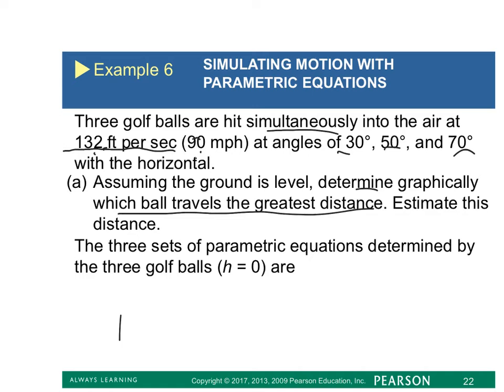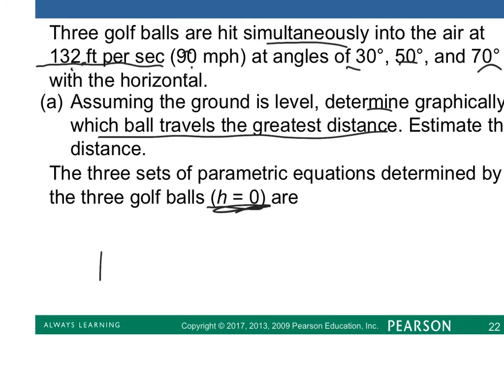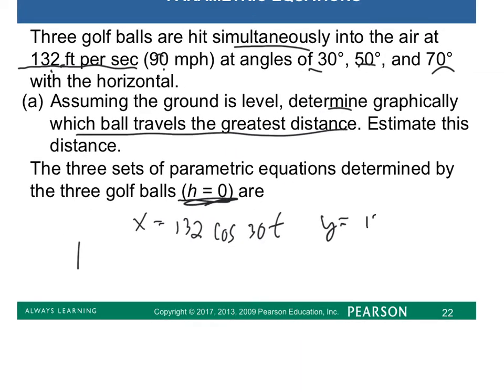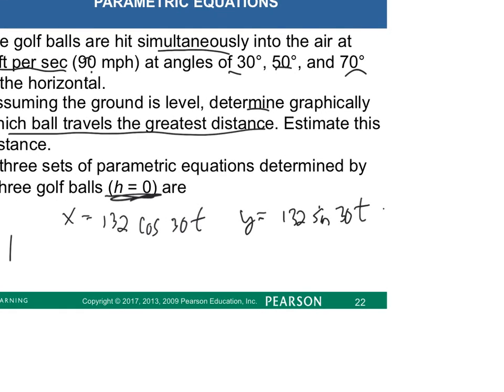So we're assuming that the golf ball is on the ground. So I'm going to have three equations here. X will equal my initial velocity, 132, times cosine of theta, 30, times t, and the y is going to be 132 sine of 30, and I admit I've got to go back and look, t, minus 16t squared plus h.